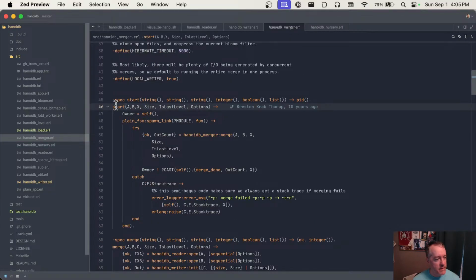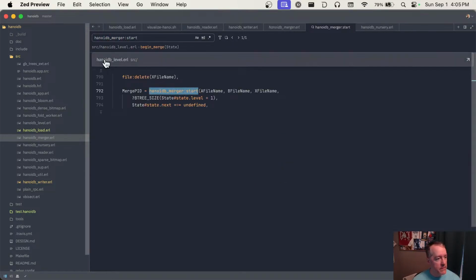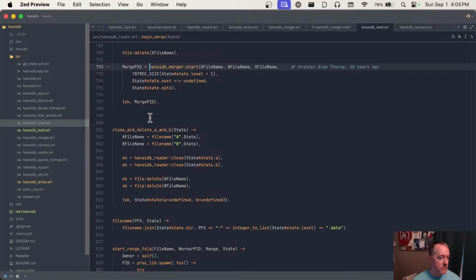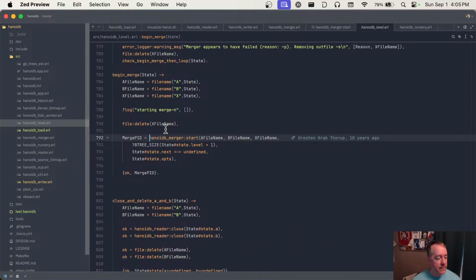so I think I need to see HanoiDB merger start, where that's called from. Right, okay, from level. We should be looking at this file too. Okay. So yeah, it starts a merge. Okay, and this size is how many keys?